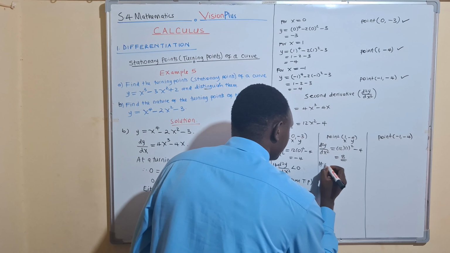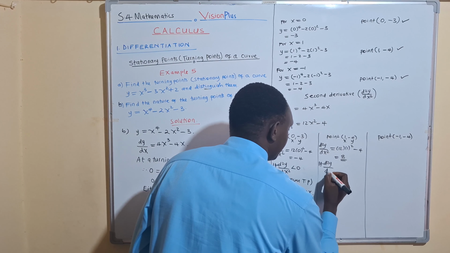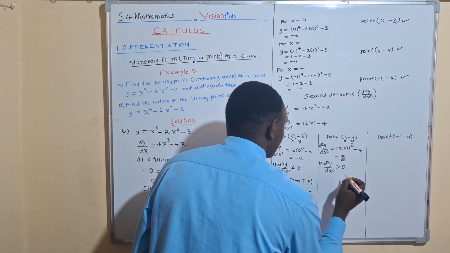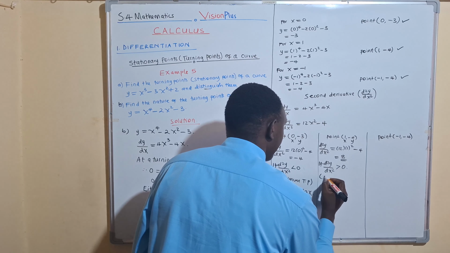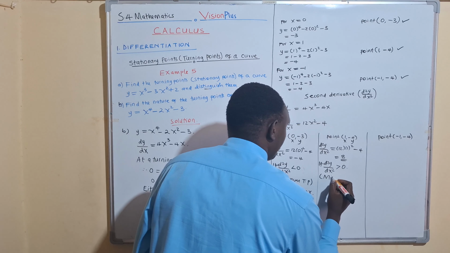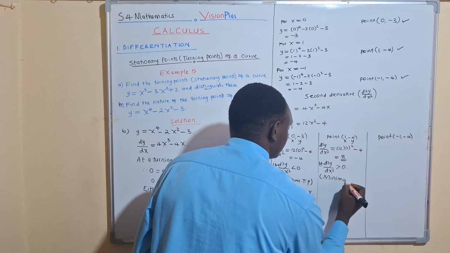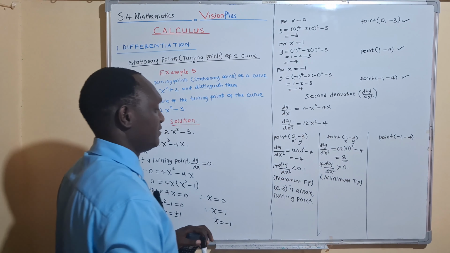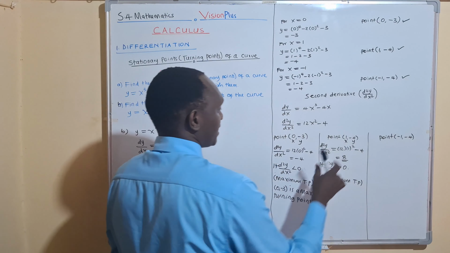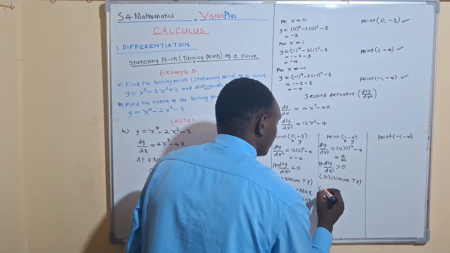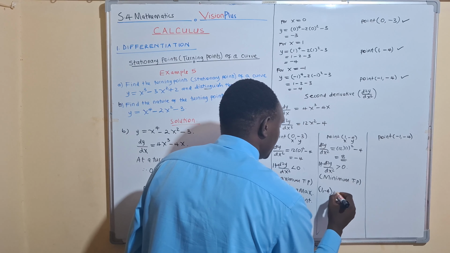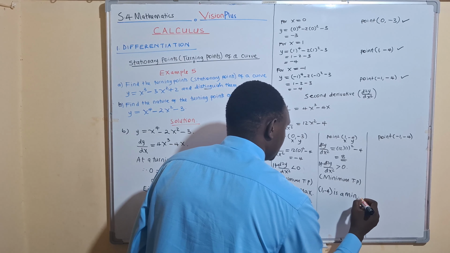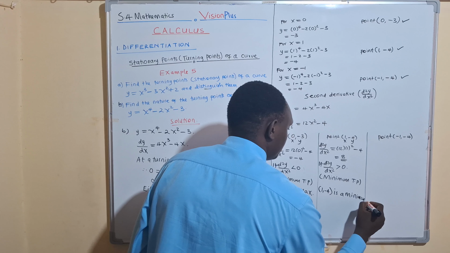And we say if the second derivative is more than 0, then this point is a minimum turning point. That means that the point 1 and negative 4 is a minimum turning point.